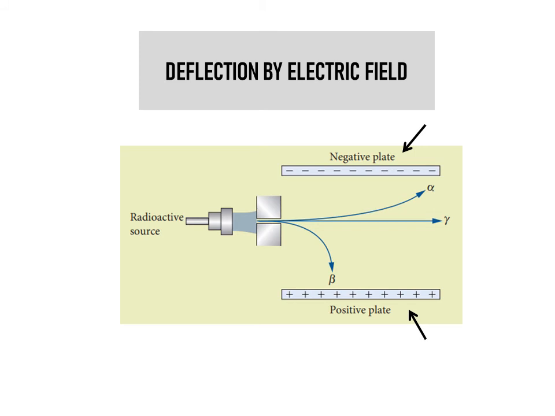The beta particle is an electron with a negative charge, so the beta particle is going to be deflected towards the positive side. Now, have you noticed that the beta particle is being deflected more?